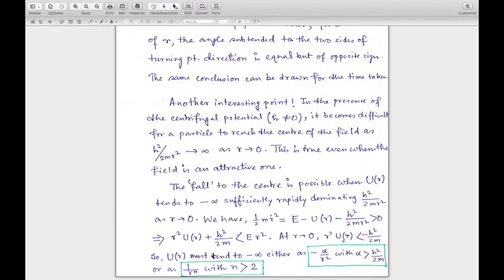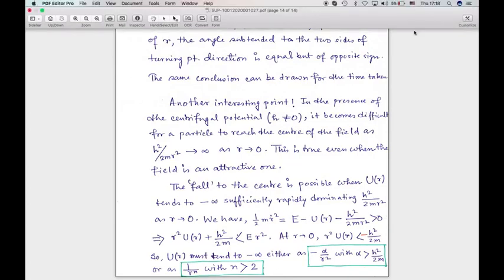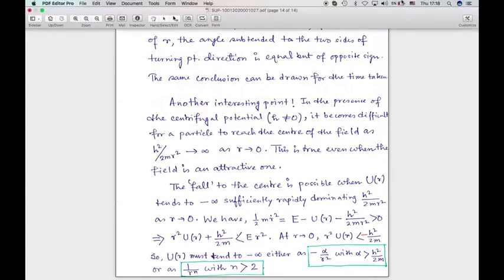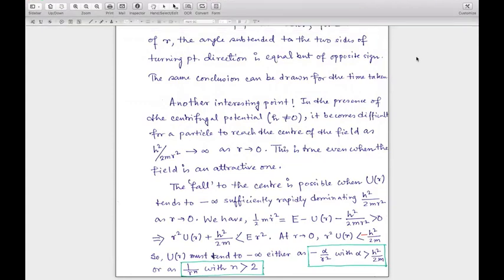Or U(r) simply can decrease with a steeper power law. That means U(r) changes like 1 by r to the power n with n greater than 2. If either of these situations arises, then only is the effect of the centrifugal potential subdued in the vicinity of the center, and the particle would fall into the center. Okay, thank you very much.